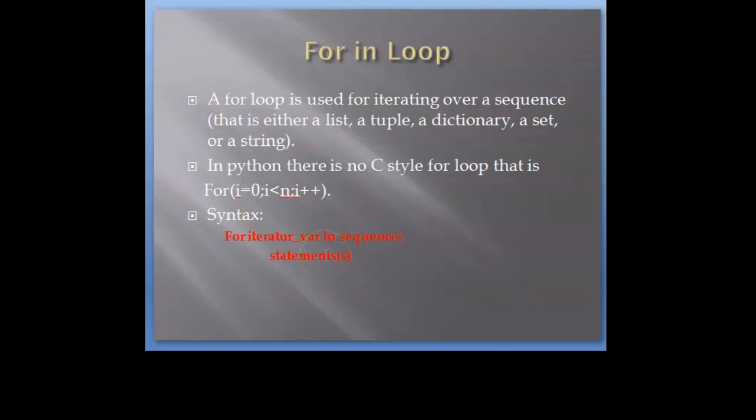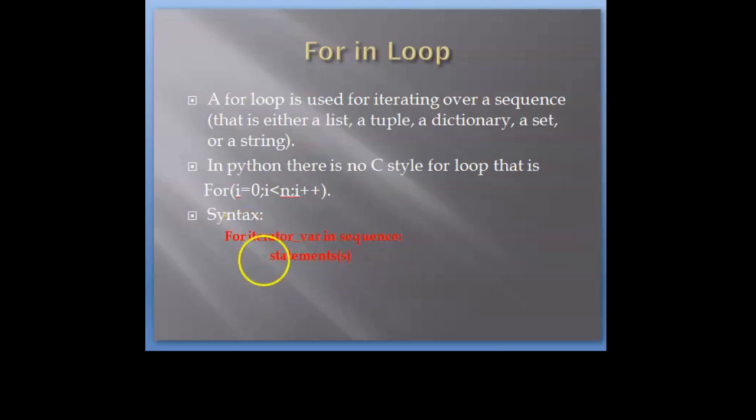If I have to give an example of a for loop, suppose we have a list in which we have 5 elements: 1, 2, 3, 4 and 5. So we will write for n, or i, you can use any name, for i in list, whatever the name of the list, and then the statements.